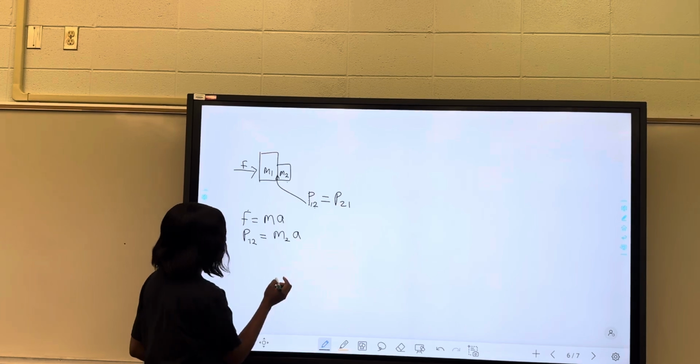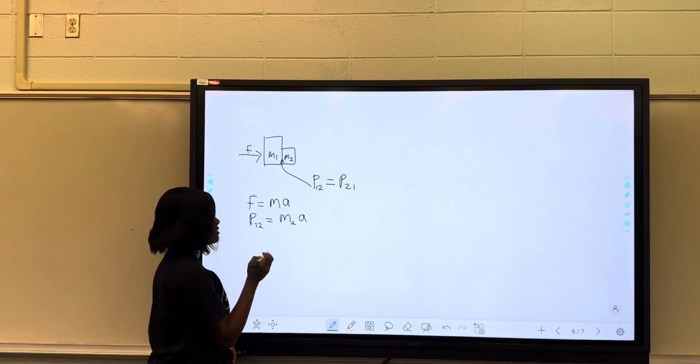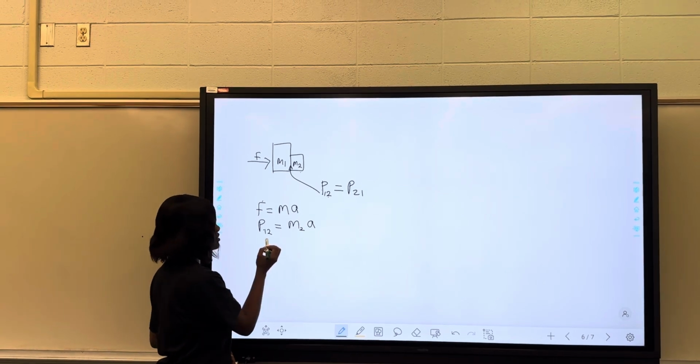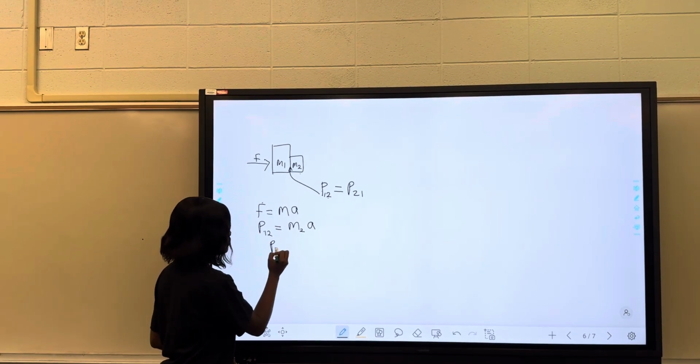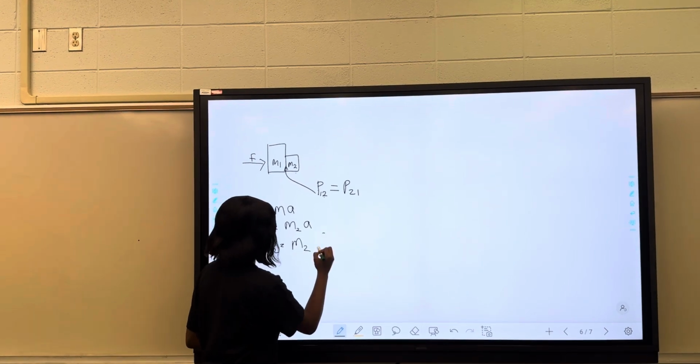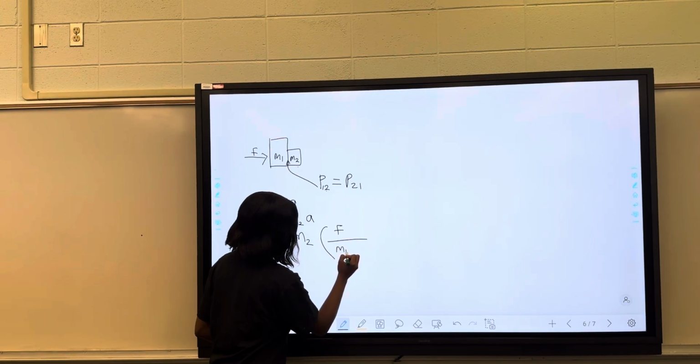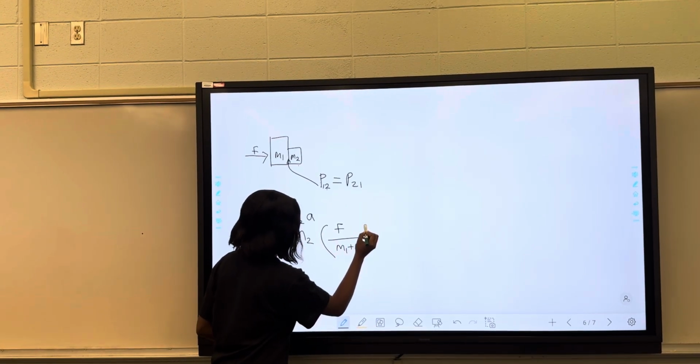Now, if you remember, we found the magnitude of acceleration in the previous example, so we can substitute it back into this equation and say that P12 would be equal to mass 2 times the acceleration, which is force over the summation of the masses.